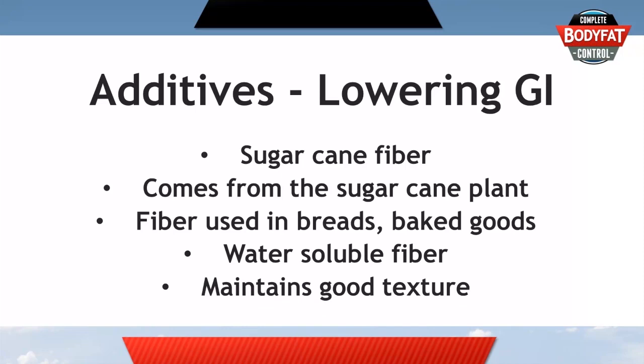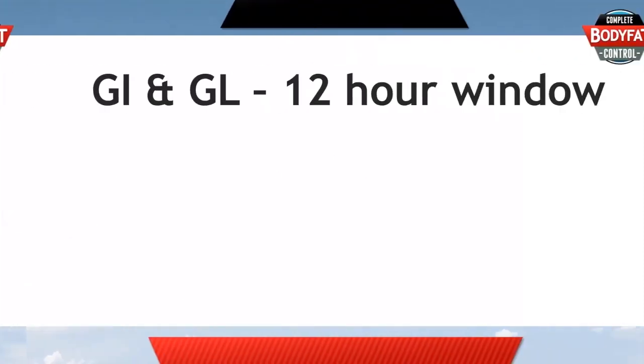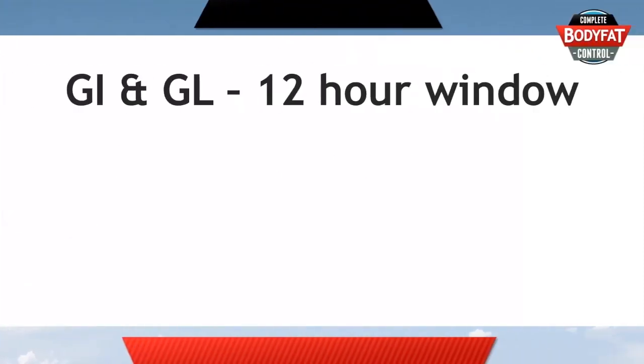Now, the last thing to think about with this little section around GI and GL and how we can create meals that aren't going to impact our blood sugar in a big way is that through this lifestyle, if you've been able to follow the 4 meals, 4 hours apart schedule, you've had a good 12 hours overnight where you haven't been eating.